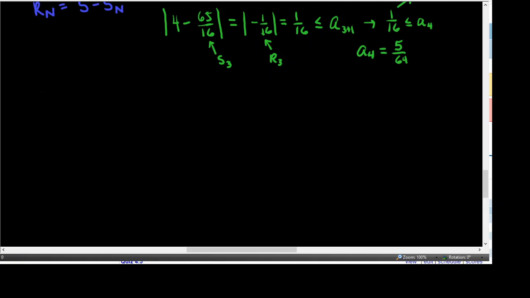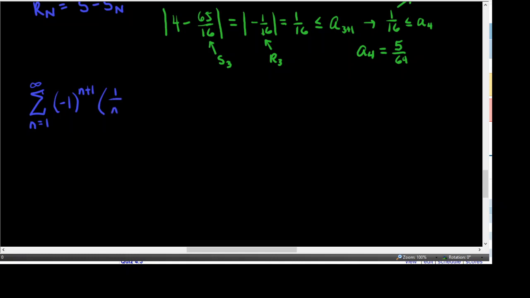All right, so let's look at this question. The sum from n equals 1 to infinity of -1 to the n plus 1 times 1 over n factorial.